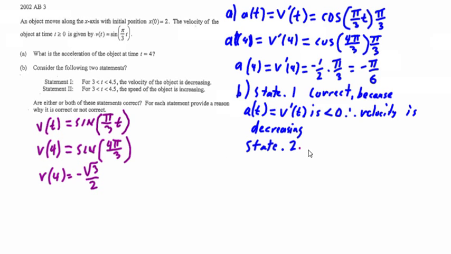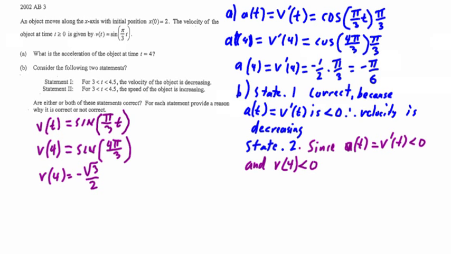We'll say since a of t, which equals v prime of t, is less than 0, and v of t, or v of 4, is less than 0.